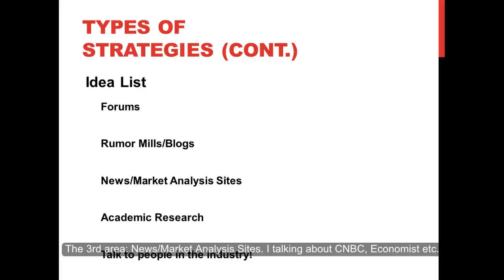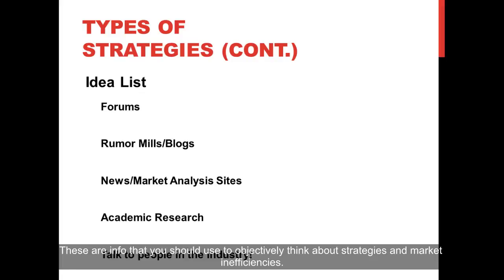The third area is news and market analysis sites. I'm talking about news sites such as CNBC.com, such as economist.com. In these places, there are people constantly feeding you two things. One, which is factual news. This is information that you should use to objectively think about strategies or market inefficiencies.